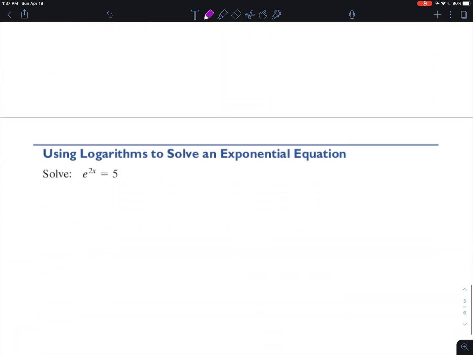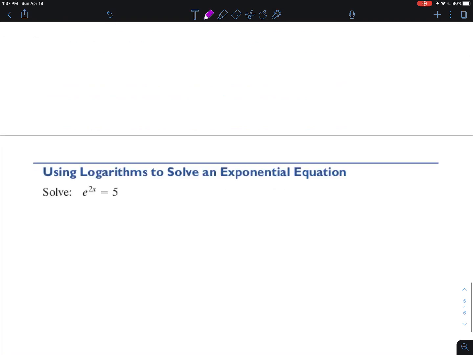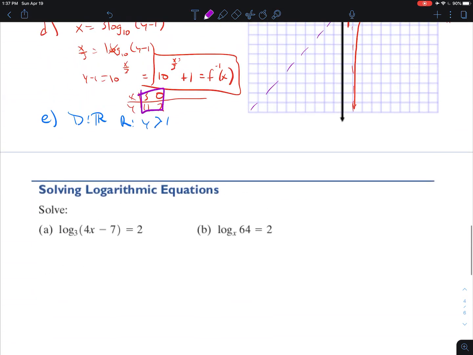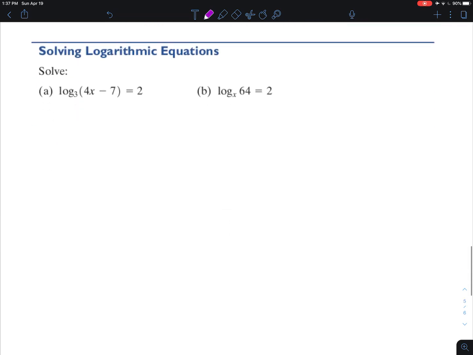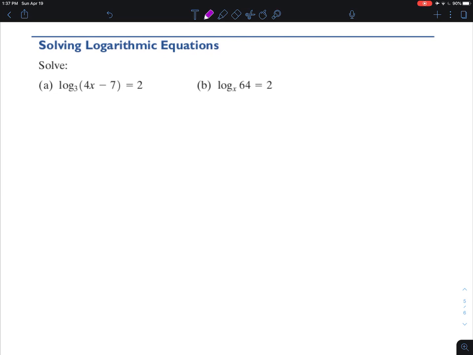And so the last bit here, and we'll likely talk more about this next class, is solving log equations. If they're not solvable, we'll talk about them next class. If they are solvable, then we can do them. But we've got to get this x by itself.